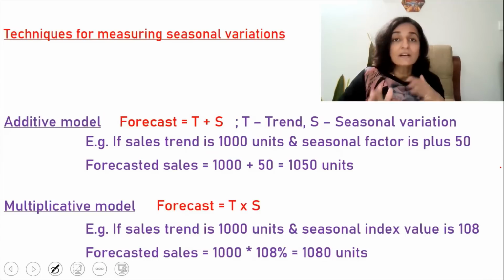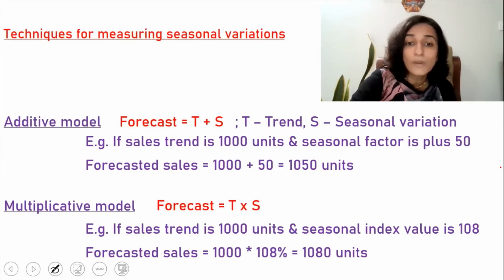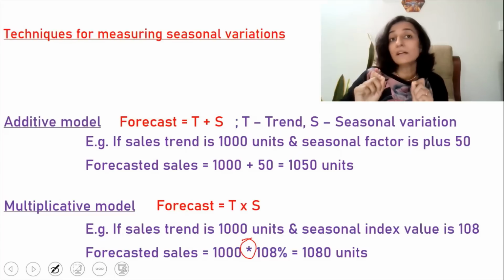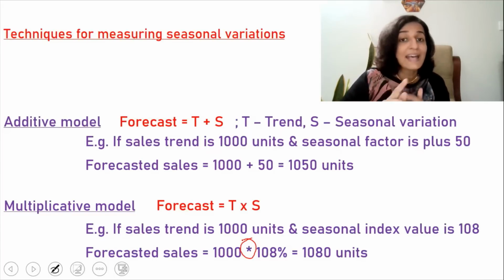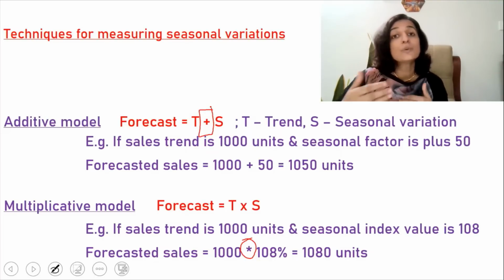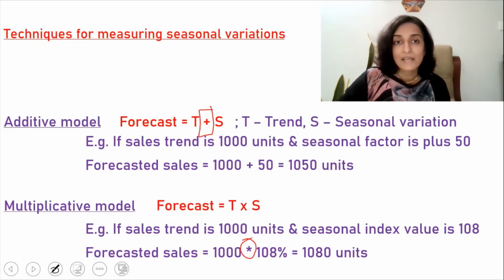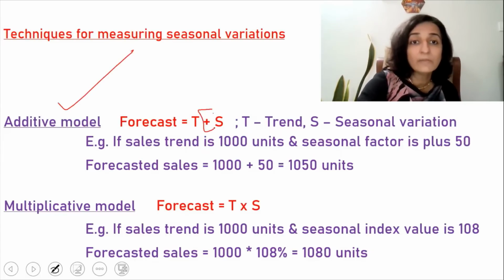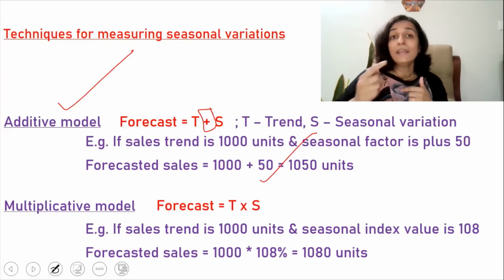So what have we done here? In the multiplicative model, we have to multiply with the seasonal factor to get the forecasted sales. In the additive model, we will be adding the seasonal fluctuation to get the forecasted sales. In the example of the ice cream business, for summer, if it is an additive model, we will be adding 50, and in winter, we will be reducing 50.